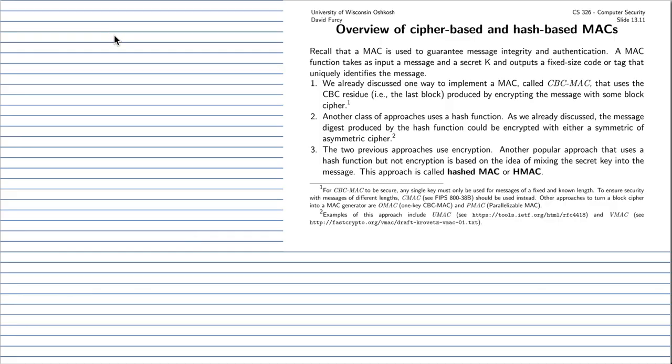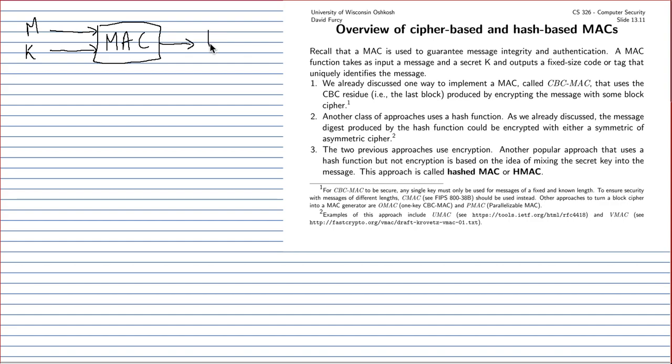So remember that a MAC algorithm is used to enforce the integrity of a message and also the authentication of the sender. It takes as input a message M and then a private or shared key K and outputs an authentication tag.